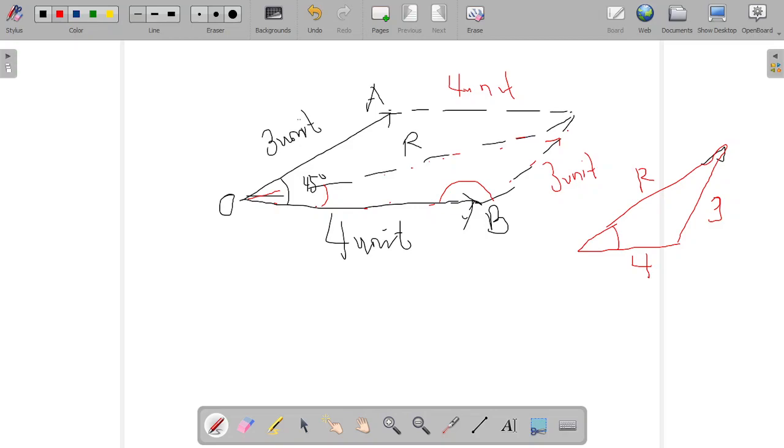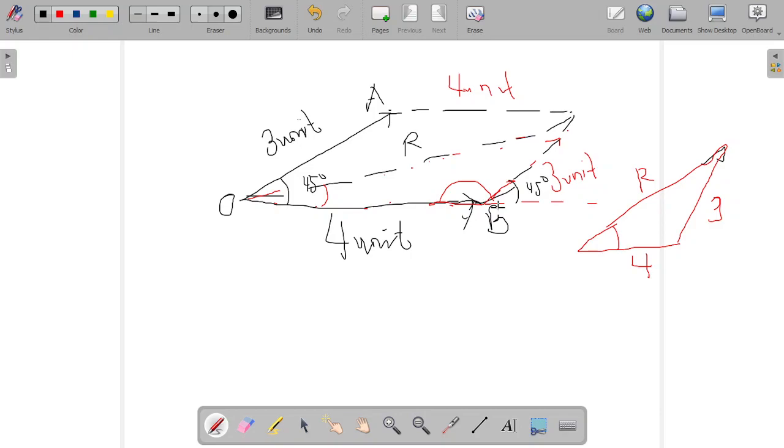When this line is extended like this, based on our knowledge of corresponding angles, we find out that 45 degrees here corresponds with 45 degrees here. So this and this are corresponding angles, so they are equal.